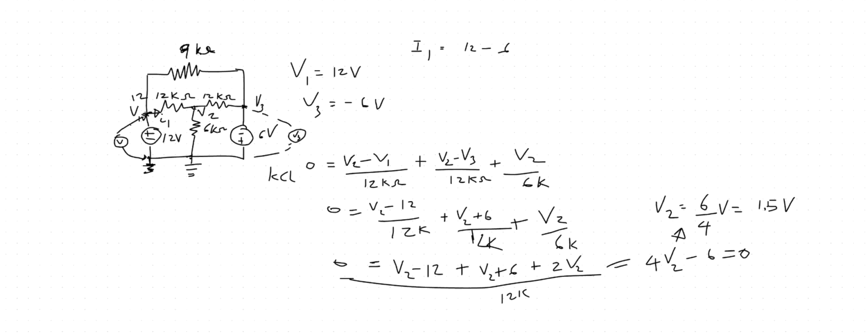This one is I1. This one is I2. So what would be I1 then? I1 is going to flow from here to here, from the voltage here to the voltage here.